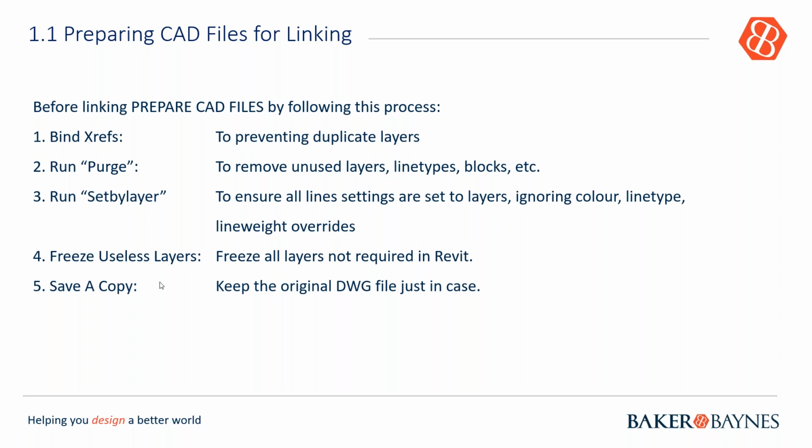It's just because I want everything set to their layers. I also freeze useless layers. This is because you don't need all those layers in your Revit. You only need the important ones. And then just as a precautionary measure, I always save a copy, so I keep my original drawing file just in case.